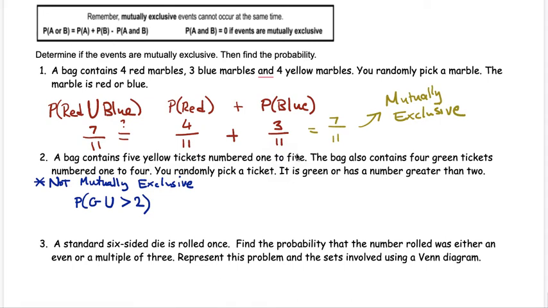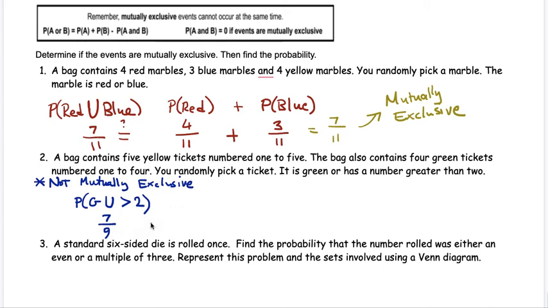We've got 3 because we've got 3, 4, and 5. So we've got 3 plus 4, so we've got 7 total, out of 9. We've got 9 tickets, 5 yellow, 4 green, so that's 9 tickets total. We're including all the green tickets, so that's 4 of them, plus we're including 3 of the yellow tickets because they are greater than 2. So that's the probability that a ticket is either green or greater than 2.